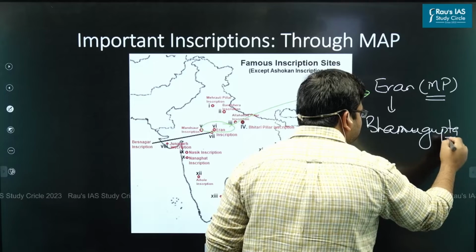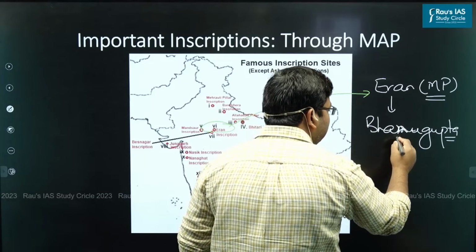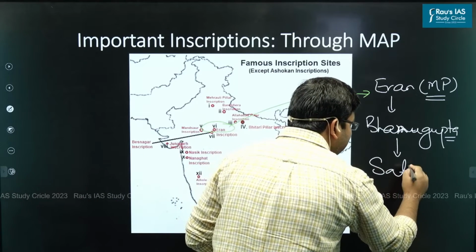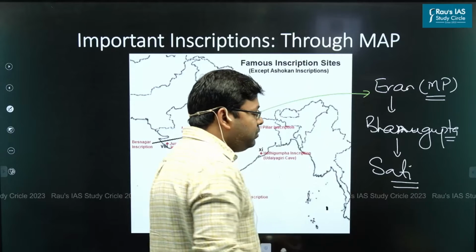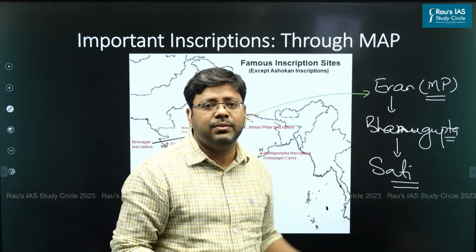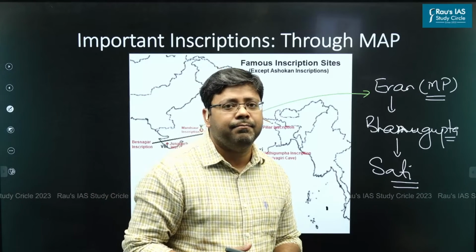Bhanugupt was one of the later Gupta rulers, and the Bhanugupt inscription is the first inscriptional evidence of sati in India. So the first inscriptional evidence of sati in India comes from the Eran inscription of the times of Bhanugupt. Eran is a place in MP.